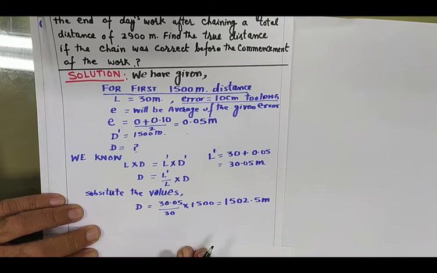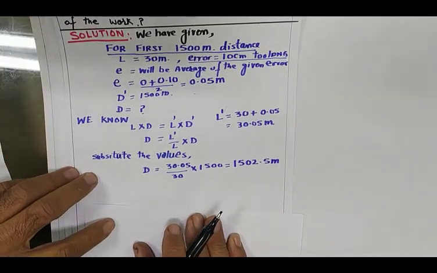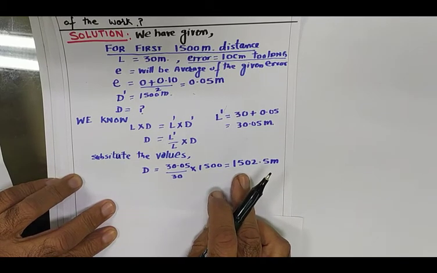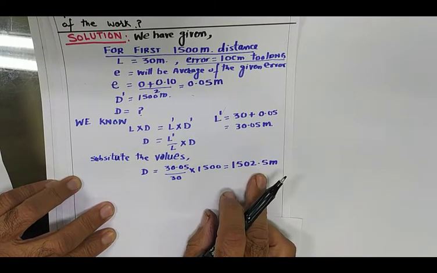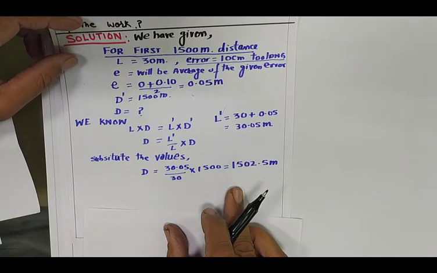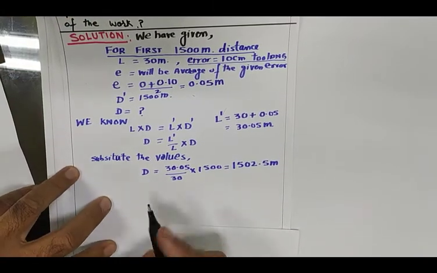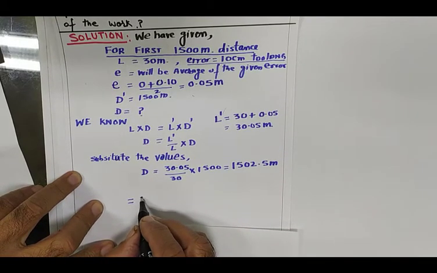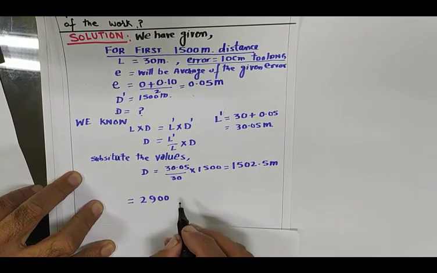So when the chain was 10 centimeter too long, the actual distance that is measured is equal to 1502.5 meters. Then the second case, because at the end of the day we have measured a total distance of 2900 meters.